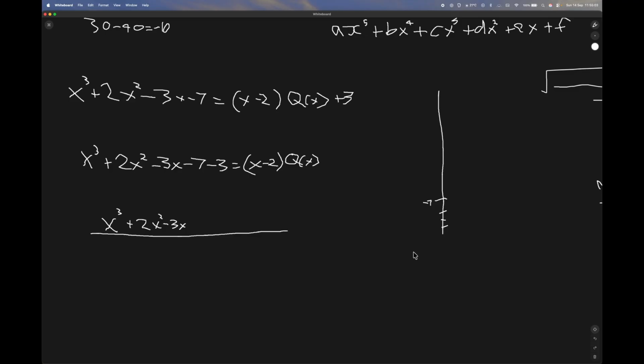So minus 10 over x minus 2 is equal to q of x.